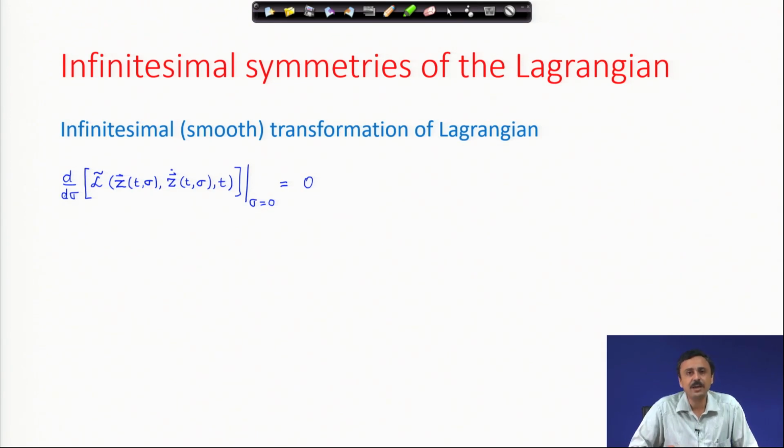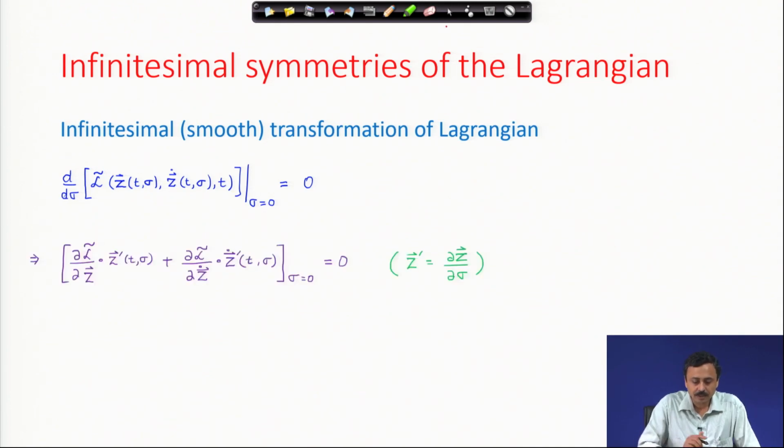Now, why are we interested in these kinds of transformations under which the Lagrangian does not depend on the smooth parameter? The reason is that if you can find a single-parameter-dependent transformation under which the Lagrangian has this property, then it tells us something about a conserved quantity that exists.